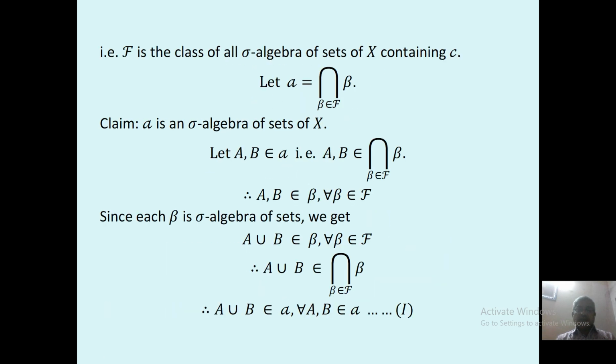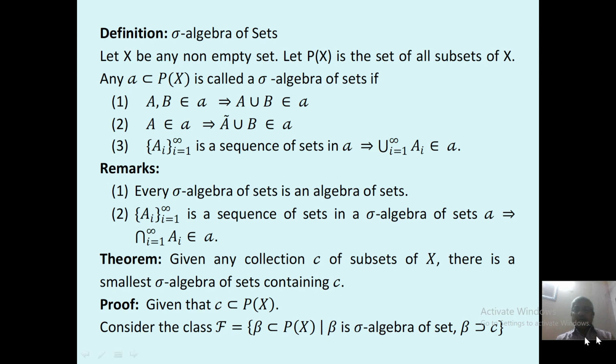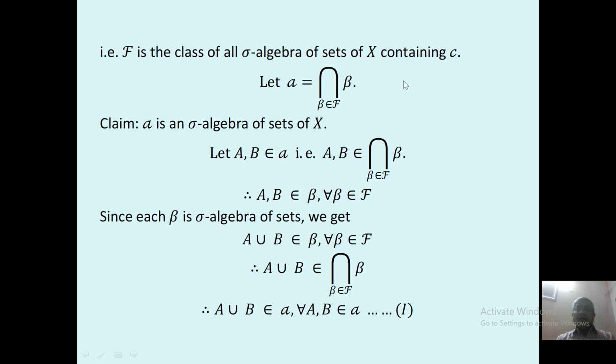F ની આવી છે. દરેક B છે એ સિગ્મા અલ્જીબ્રા છે અને C ને કન્ટેન કરે છે. હવે આ દરેકમાં C તો છે જ દરેક B માં, તો ઇન્ટરસેક્શનમાં પણ C હોય જ, એટલે એ પણ C ને કન્ટેન કરે છે. બીજું ઇન્ટરસેક્શન લેવાથી ઓલવેઝ તમને સ્મોલેસ્ટ સેટ મળે. દરેક સેટનો ઇન્ટરસેક્શન લ્યો તમે તો સ્મોલેસ્ટ સેટ મળે, એનાથી નાનો સેટ મળી શકે નહીં જેમાં C હોય. યુનિયન લેવાથી મોટો થતો જાય, ઇન્ટરસેક્શન લેવાથી નાનો થતો જાય, દરેકનો ઇન્ટરસેક્શન એટલે સ્મોલેસ્ટ મળે.